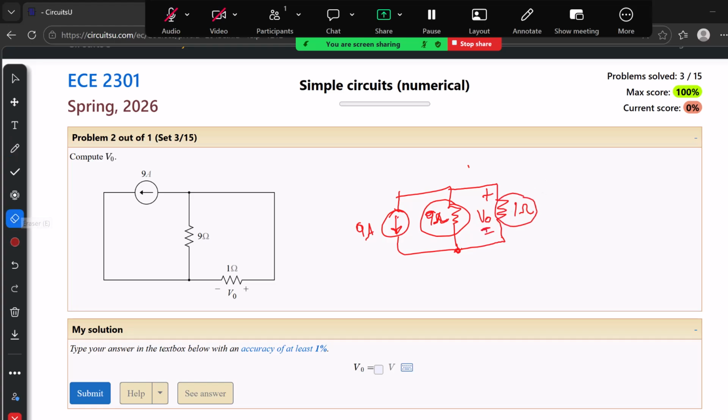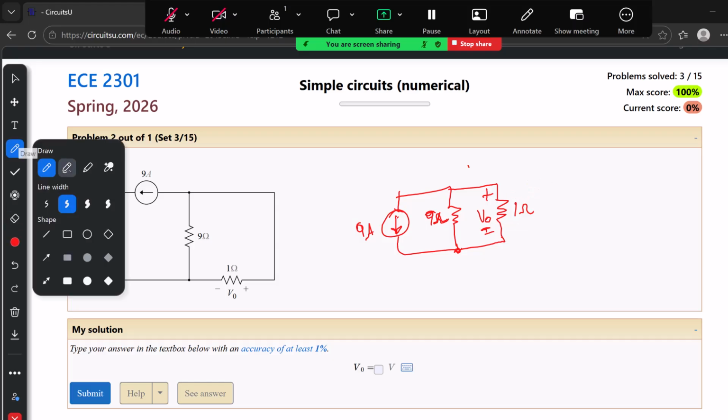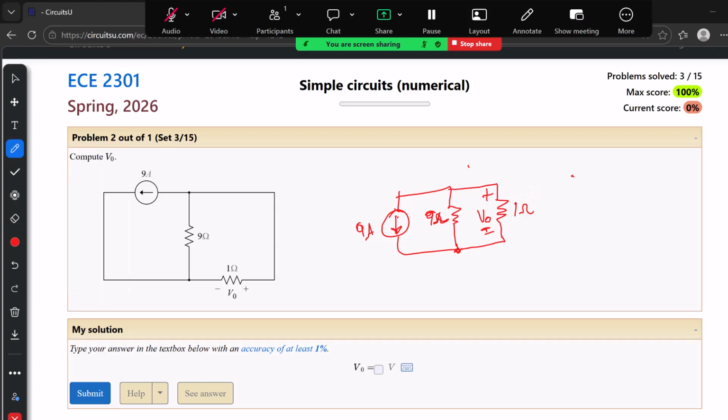Why is that? Because of the underlying concept, which is extremely important to understand and memorize: circuit elements in parallel have the same voltage.